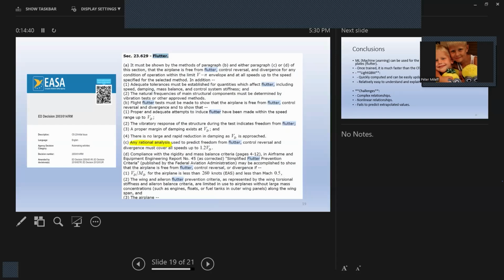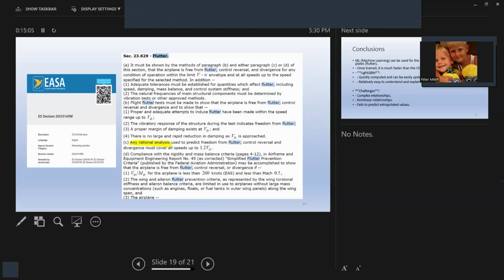And as they require, they require rational analysis. Rational in this case means all of these previous conventional ones, while ML is still not considered rational. We hope that this approach that we are proposing would be considered in the near future as a rational analysis, if I have convinced you that this system might work.